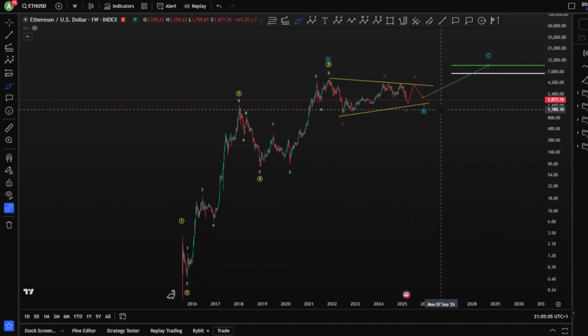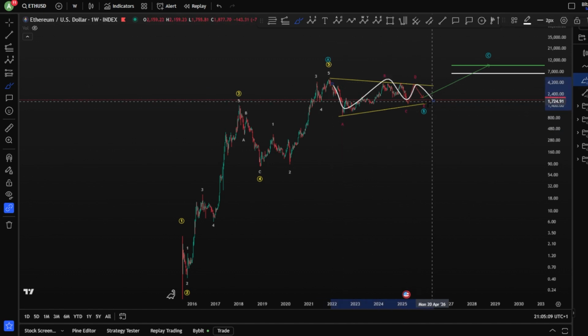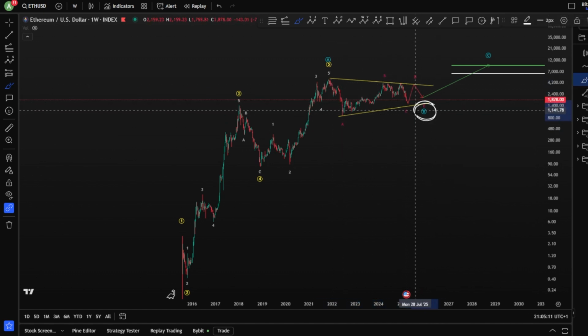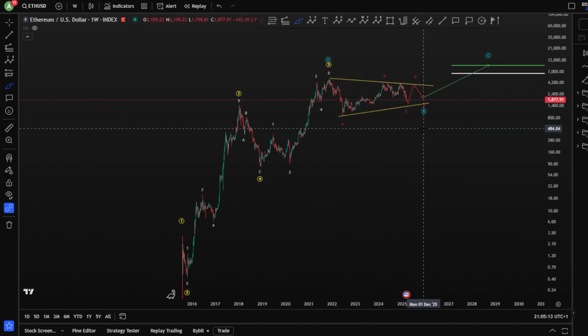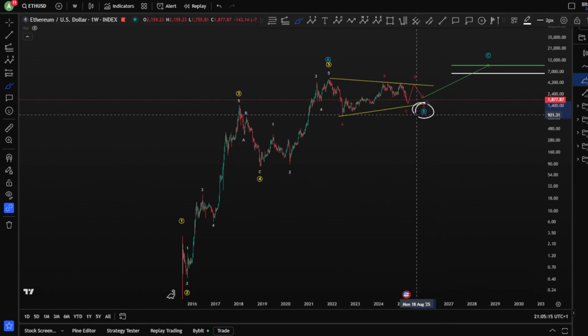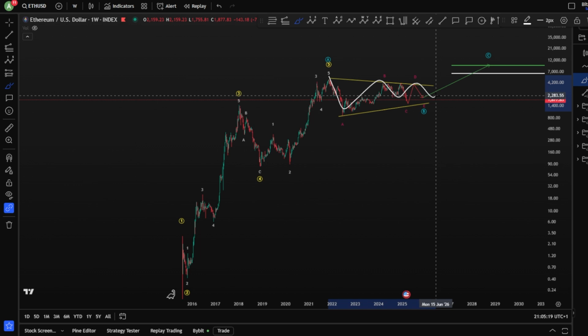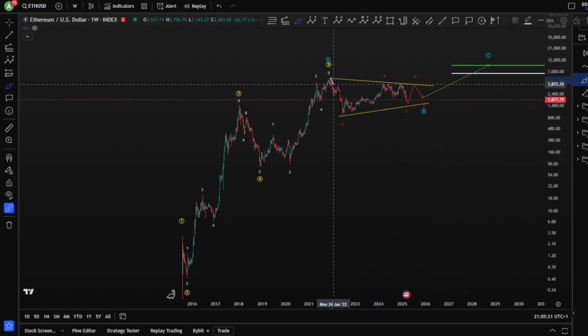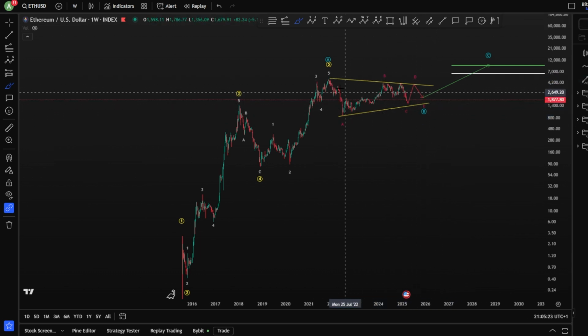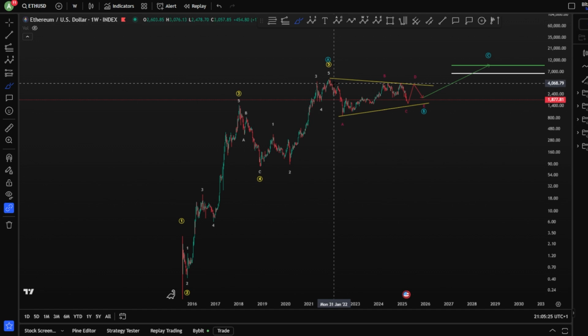Now, why is it wave C? Because in a triangle, it is much more possible, or I would say 99%, that it is a wave B, because a wave 2 is not allowed to be a triangle. Your wave 2 is always a flat, zigzag or WXY.